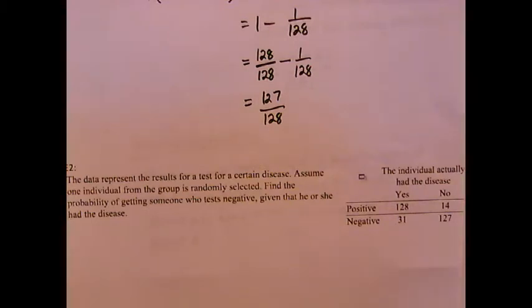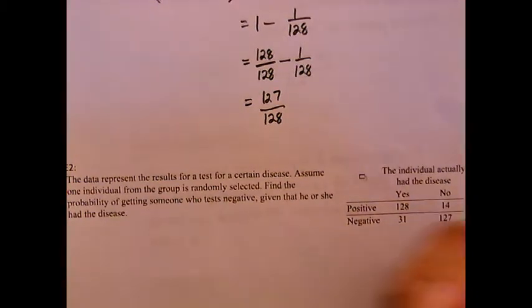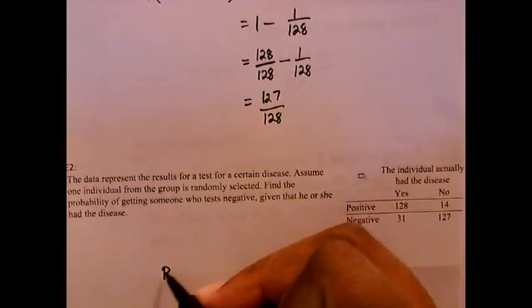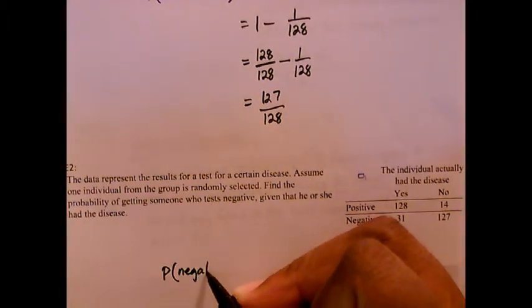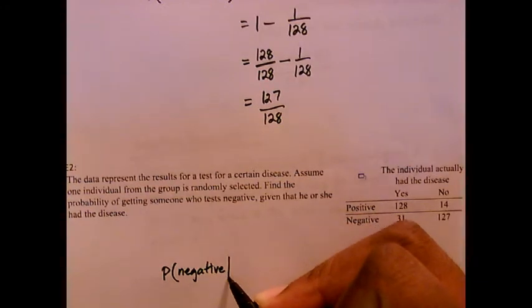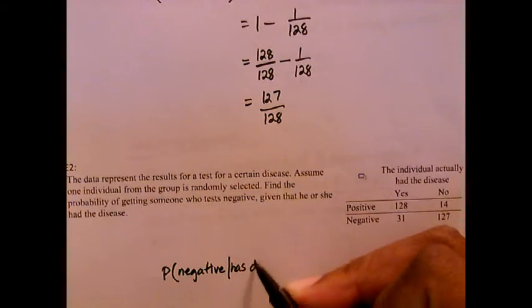Find the probability of getting someone who tests negative, given that he or she had the disease. Okay, so now what we're trying to find is this: the probability that this person tested negative, given that the person has the disease.